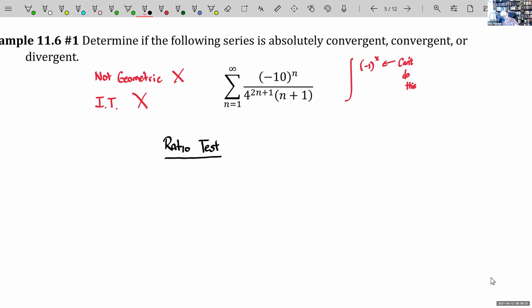So let's try the ratio test. Super fun test, because you're just going to take the limit as n goes to infinity of the absolute value of the next term in line over the current term.